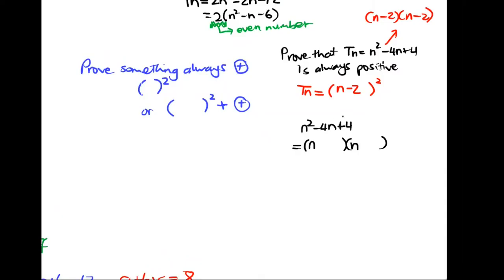What factors of 4 give you negative 4? Well, it's negative 2 times negative 2 gives you a positive 4. And if you multiply this out, you'll get back to that position. So the positive 4 has been included when we did our factorizing.